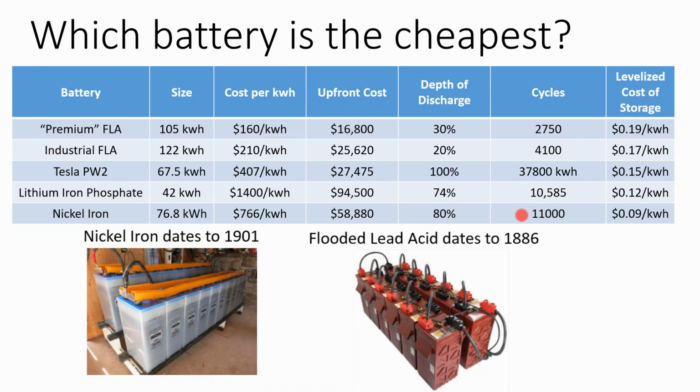It has a very long life, and it actually resulted in the lowest total life cycle cost. And this is how many cycles it was rated for at that depth of discharge. So it actually costs less than the lithium iron phosphate battery and is rated for around the same, actually more cycles at an 80% depth of discharge.